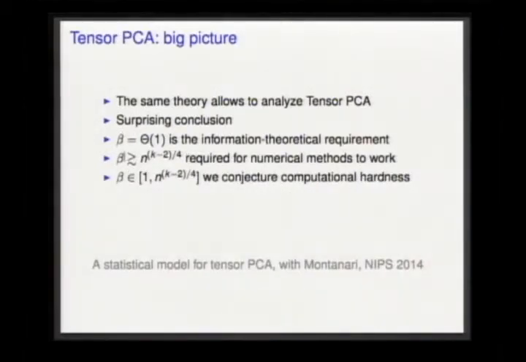And in the middle of that, we conjecture that it's impossible to estimate it. It's impossible to have a numerical method to estimate the vector V0, or to build a vector which has a non-zero inner product with V0. The details of this work are in a NIPS paper I have with Andrea.